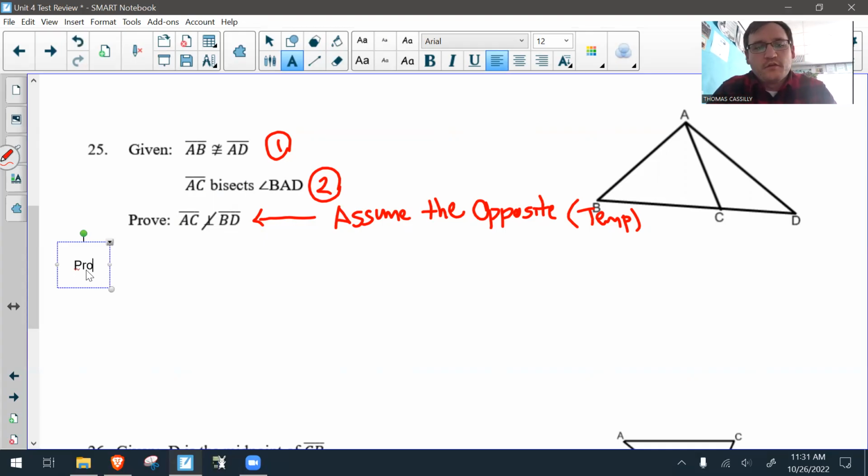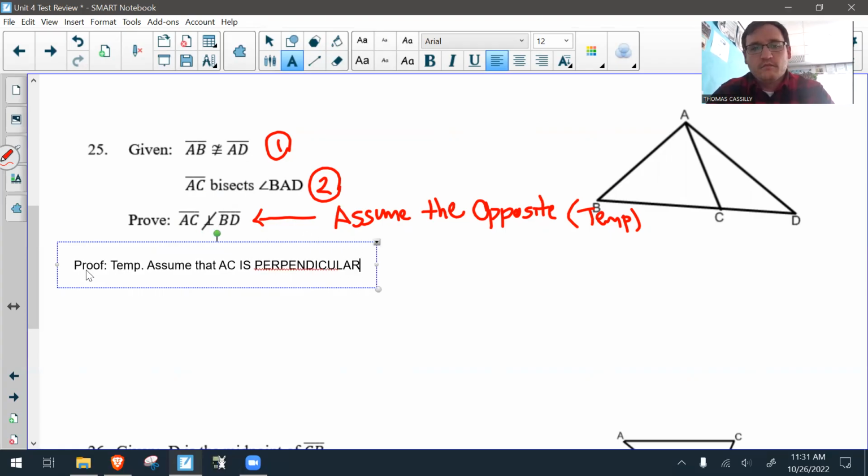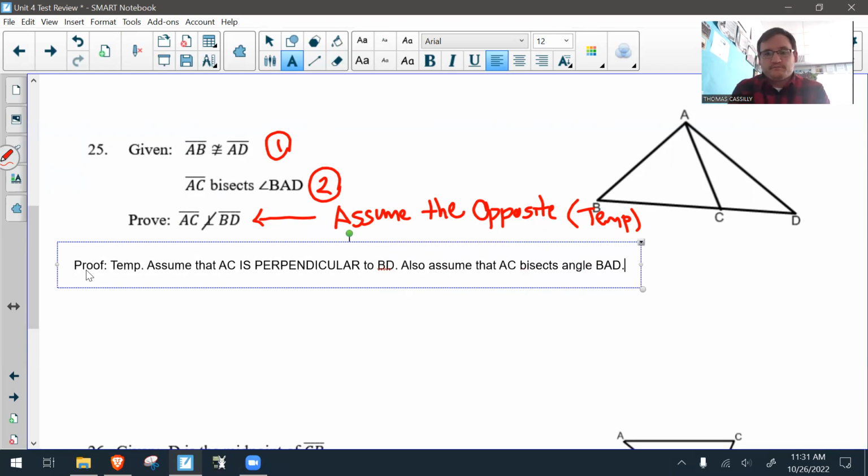So first things first, temporarily assume that AC is perpendicular to BD. And we're also going to assume the other one, so also assume that AC bisects angle BAD.